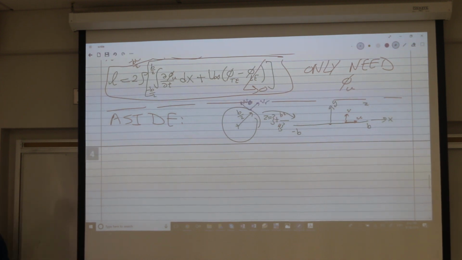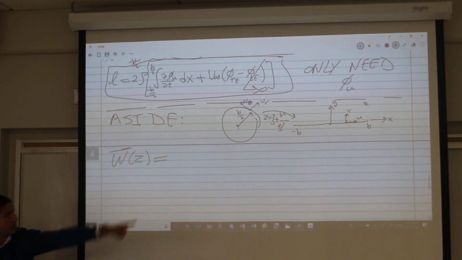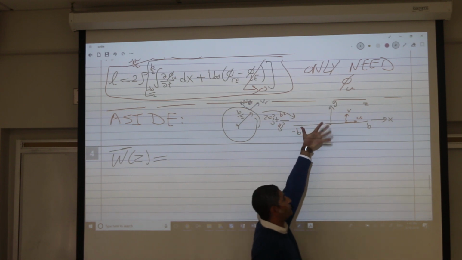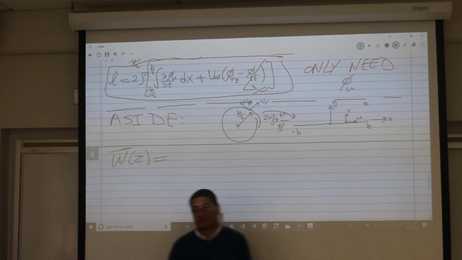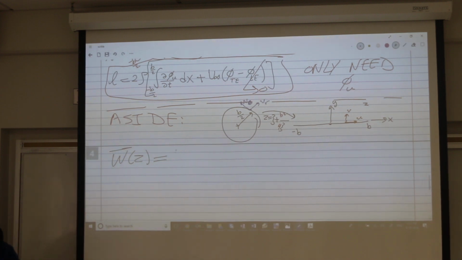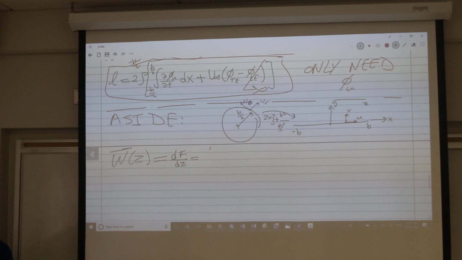If you got conformal mapping before, you should have learned it, but we will derive it very easily now, just to be self-contained. What is the complex velocity in the z domain? If you have a complex potential F, how do you get the components here? dF by dz, right? How to relate it to the cylinder? Well, it's dF by d zeta divided by dz by d zeta, right?